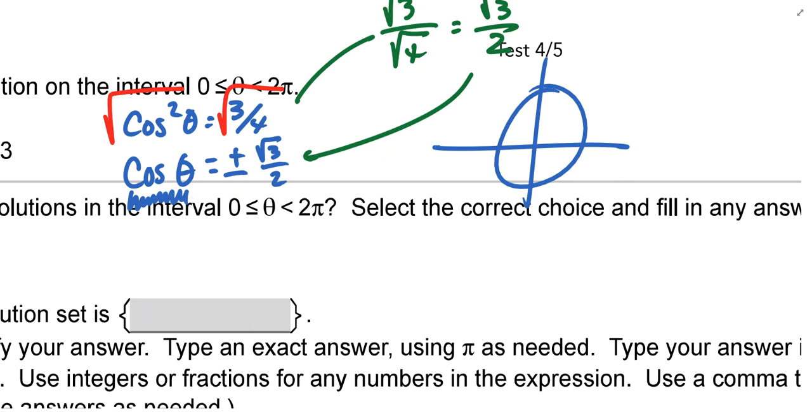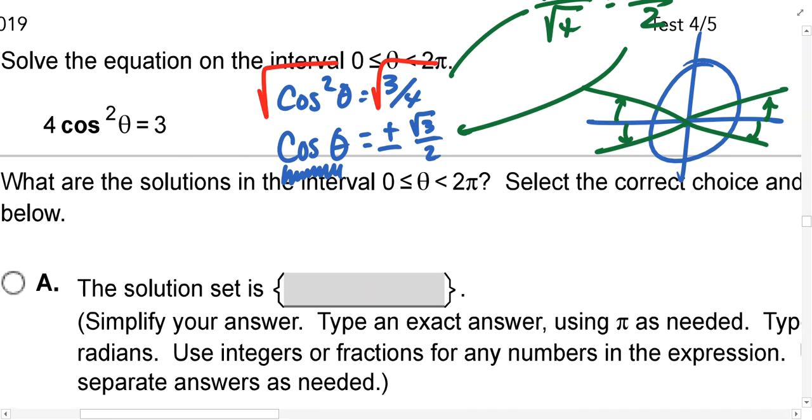Excuse me. Well, that happens 4 times. 1, 2, 3, and 4. These two positions produce the positive square root of 3 over 2 for our cosine value, and these two angles represent negative square root 3 over 2. So those two angles, of course, using our braces for several solutions, occur at pi over 6.